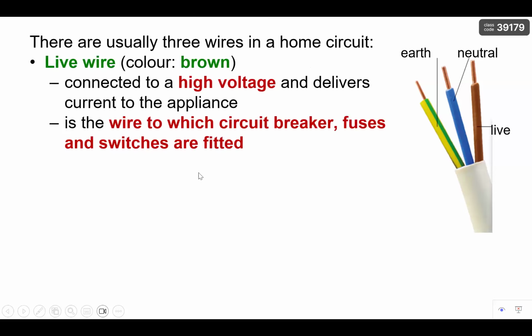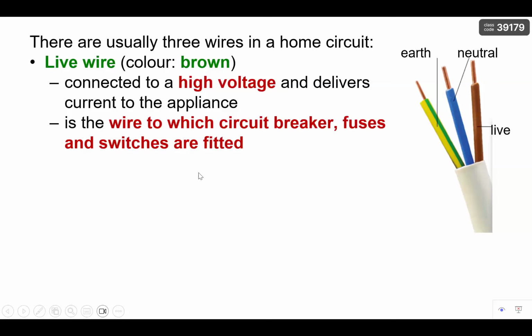Okay, so there are usually 3 wires in a 3-pin plug or in any cables that you find at your home. So the first color is brown in color. Okay, it's called your live wire. So your live wire is the one that is dangerous. It has a high voltage. It is connected to your power sockets, which has a voltage of 240 volts in Singapore.